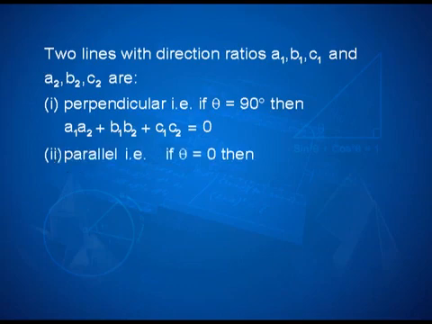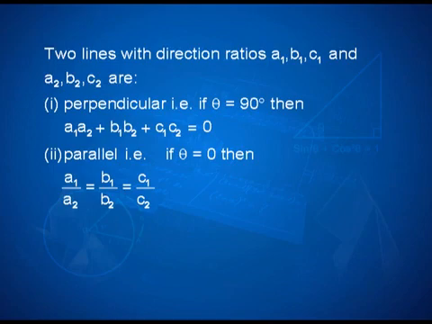If two lines are parallel, then the angle must be 0, and therefore, the direction cosines or direction numbers of those two vectors must be proportional, and in this case therefore a1 by a2 must be equal to b1 by b2 equal to c1 by c2. These two results will be in use as we go along learning more on lines.